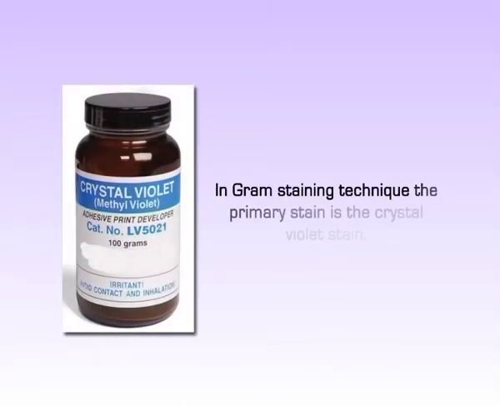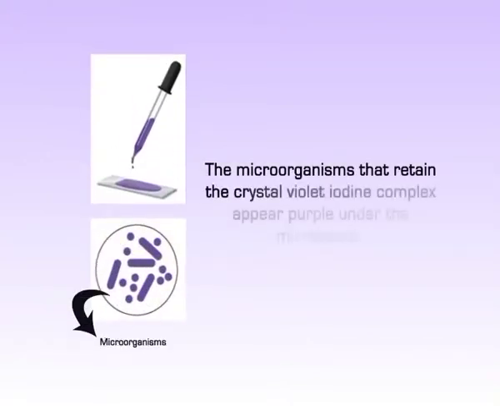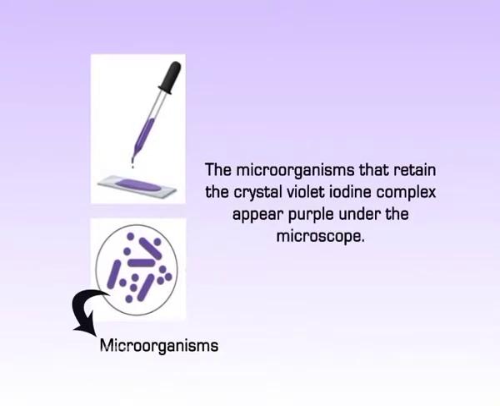So next we'll see the mechanism of gram staining. In the gram staining technique, the primary stain is crystal violet. The bacteria that retain the crystal violet iodine complex appear purple under the microscope.